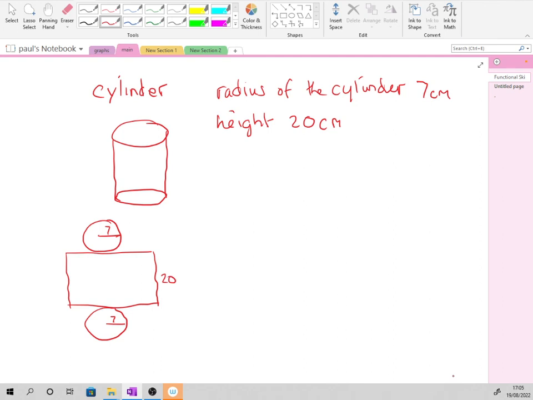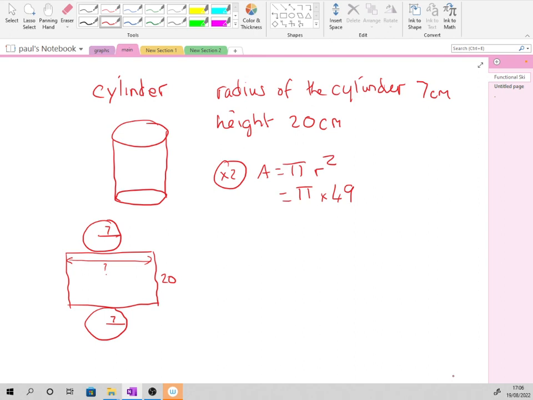Now this causes us problems when we're trying to work out the area of the side of the cylinder when we've flattened it out, because we do not know this thing, but we'll come back to that first. So the circle, and we've got 2 of them, yeah? So the area of a circle is pi r squared. We've been given the radius, so it's pi times r squared, 7 squared, 49.